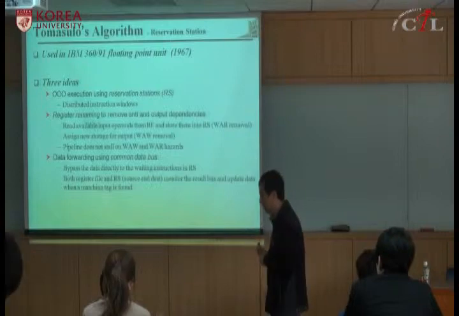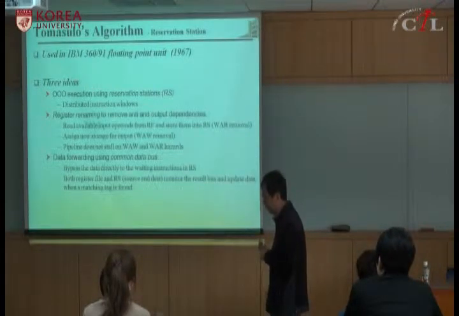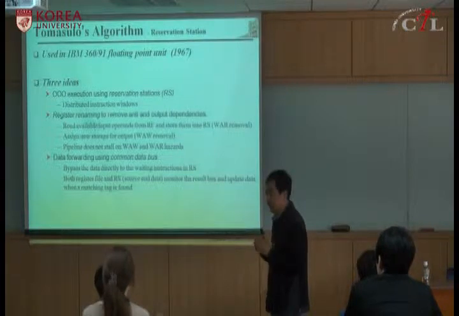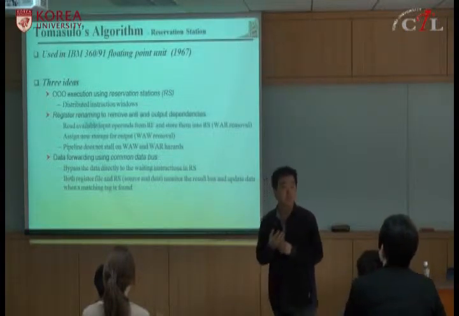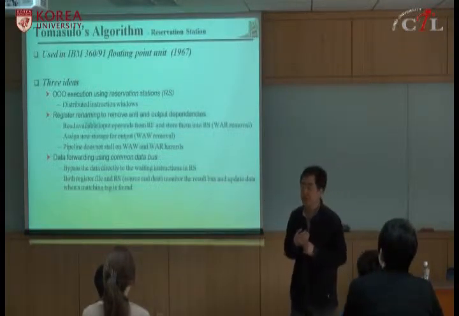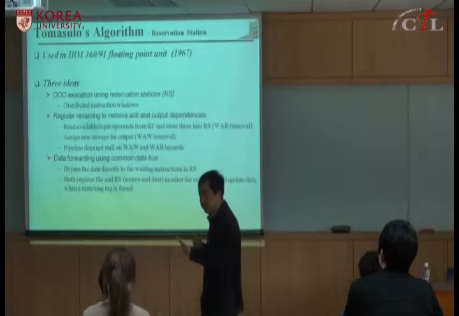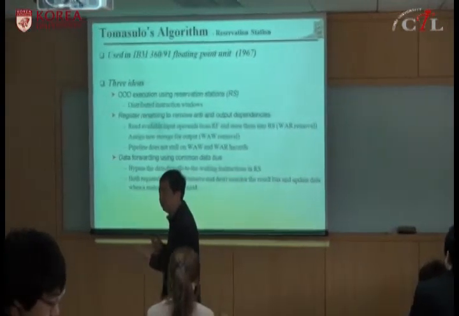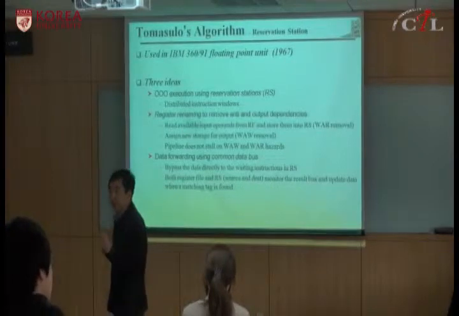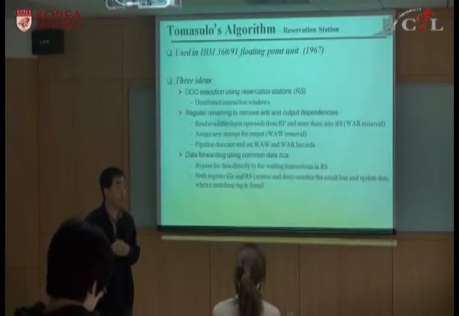This is a kind of instruction buffer. And reservation station is a distributed instruction window. So there is not a single central window. Every functional unit has its own instruction window, and it's called the reservation station.